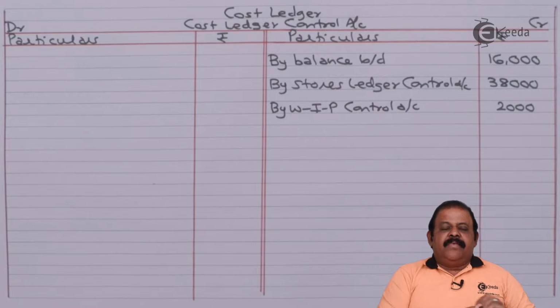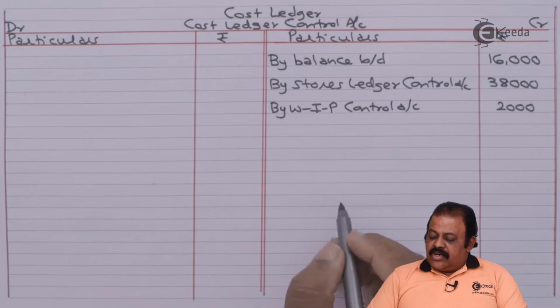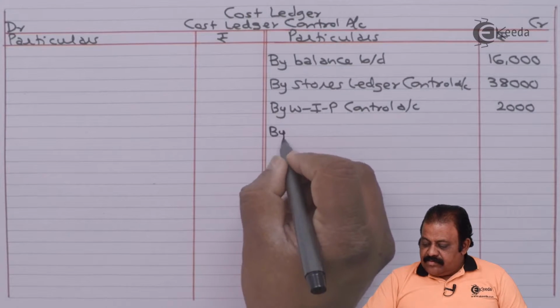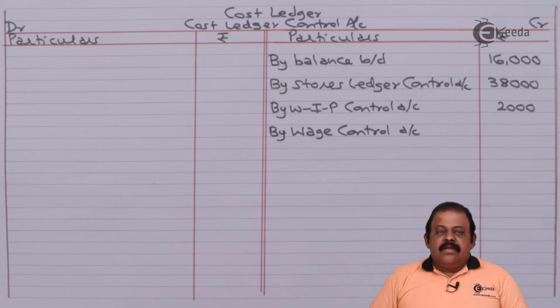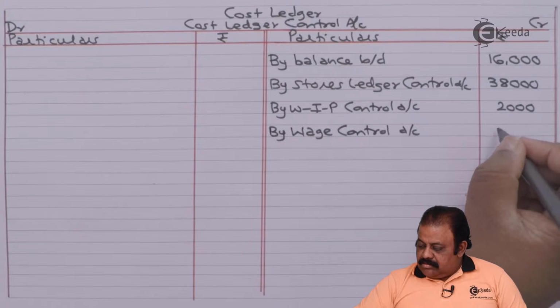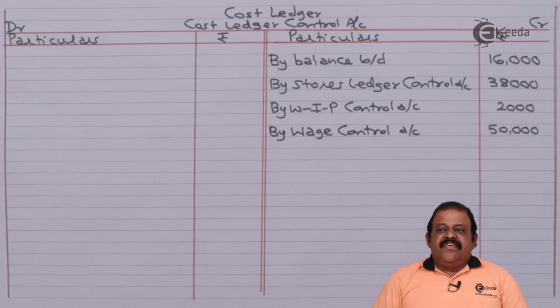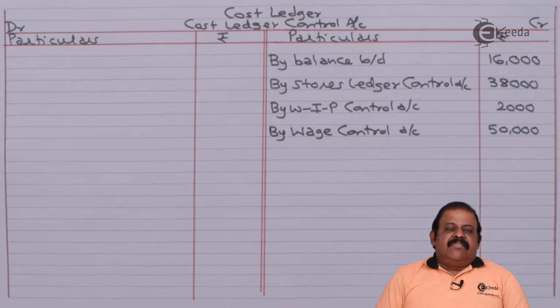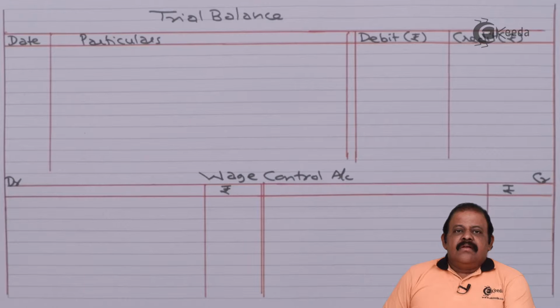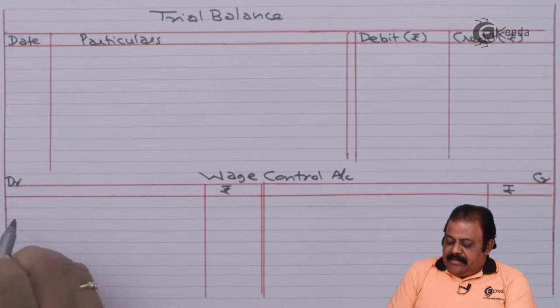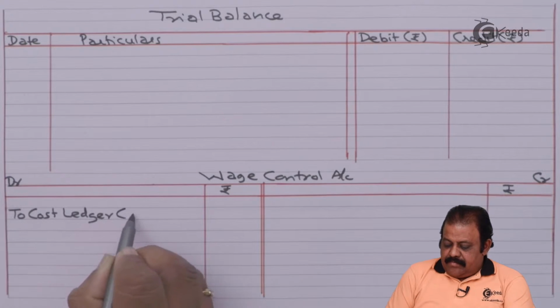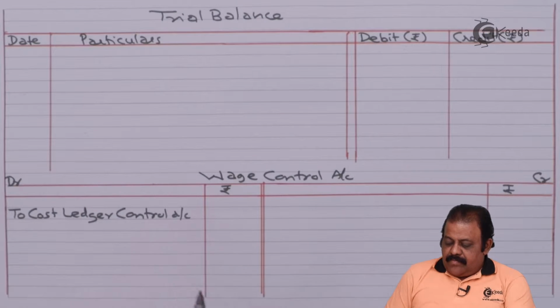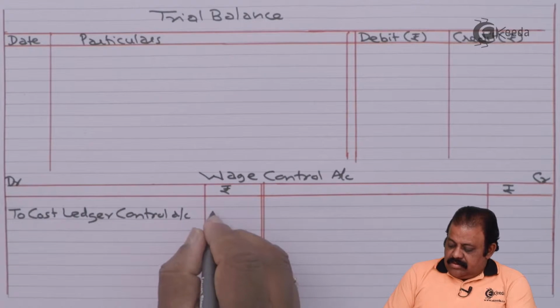This 50,000 will be credited to cost ledger control account as by wage control account 50,000. It will have another effect in wage control account on debit side. Wage control account will be debited to cost ledger control account 50,000.